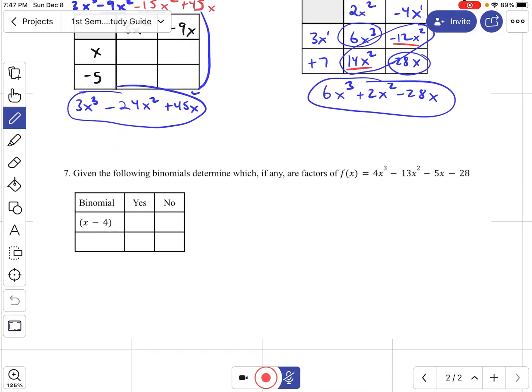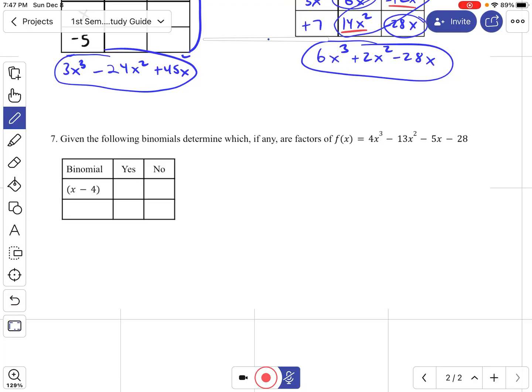For number 6. Okay, number 7. We have to determine if x minus 4 is a factor. And so we're going to definitely want to change the sign of the x minus 4, and that'll be positive 4.